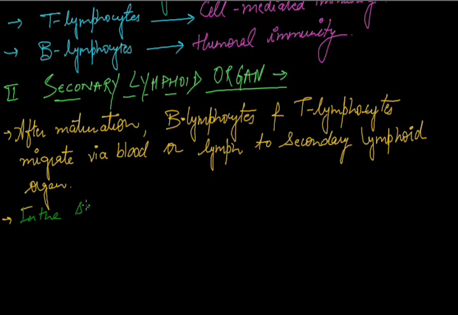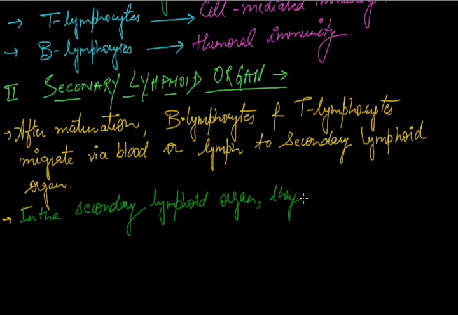In the secondary lymphoid organs, they undergo proliferation, that is multiplication, and differentiation.